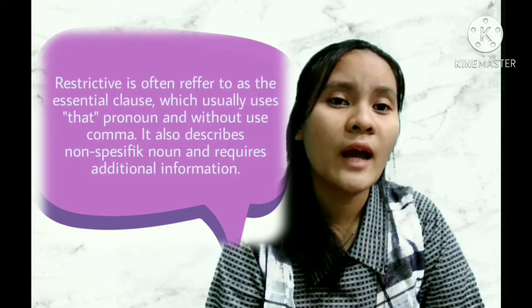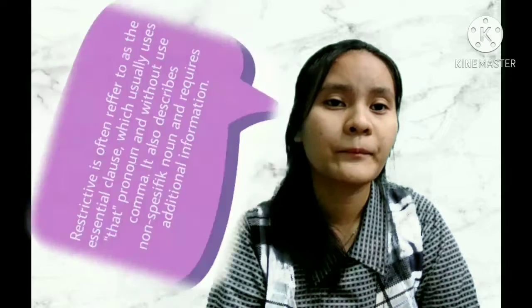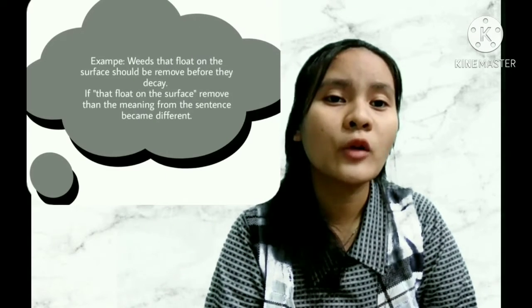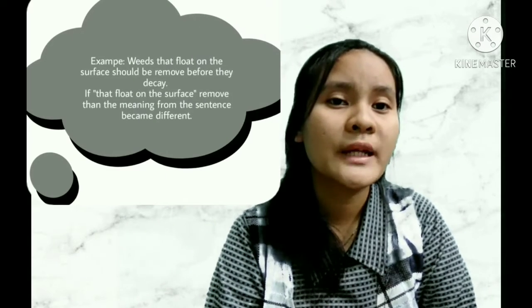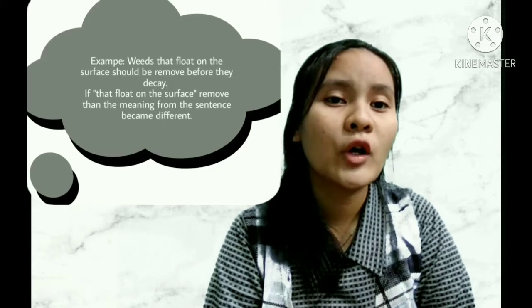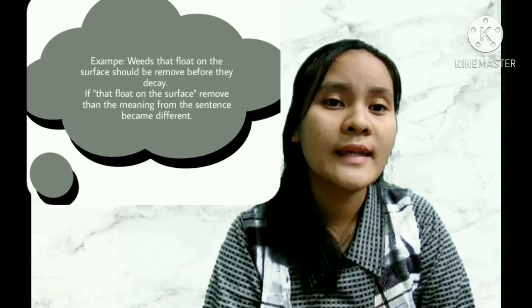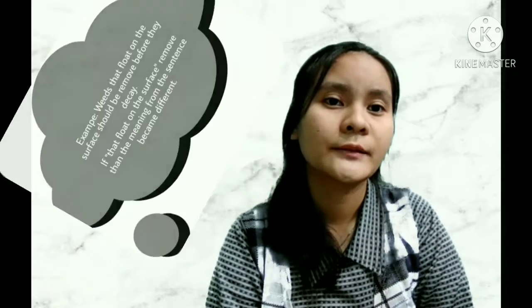It also describes a non-specific noun and requires additional information. For example, the leaves that float on the surface should be removed before they decay. If that float on the surface is removed, then the meaning of the sentence can be changed.